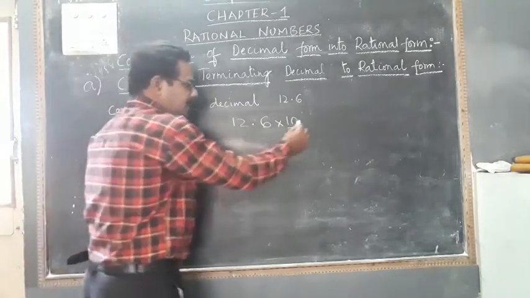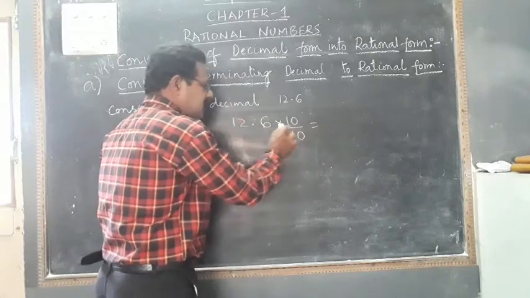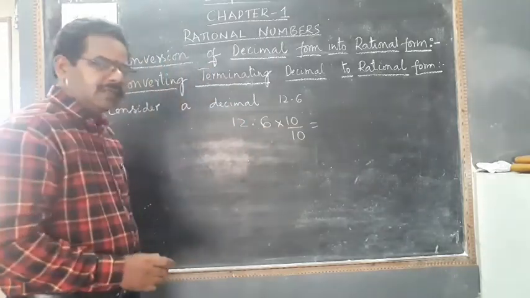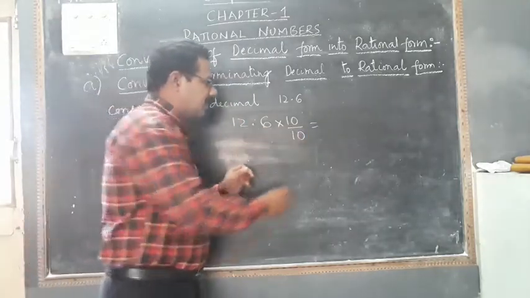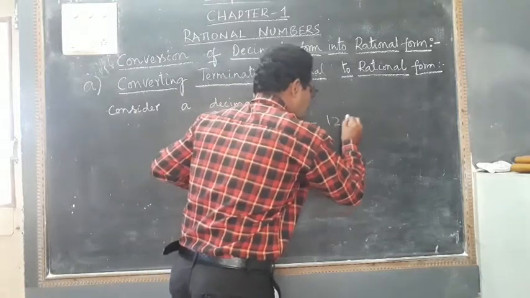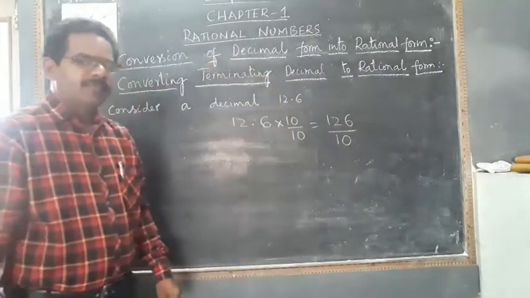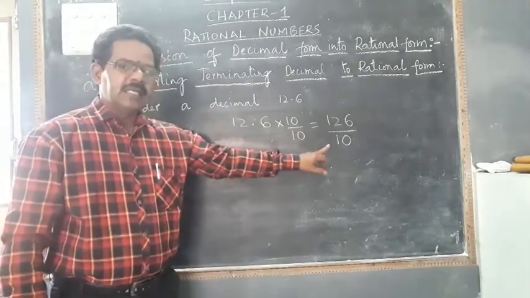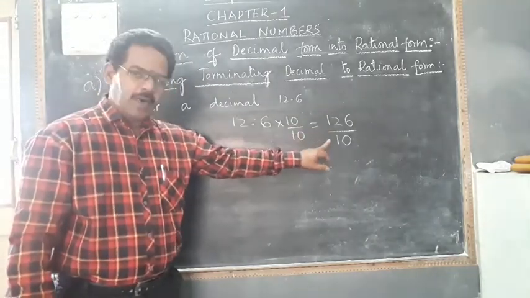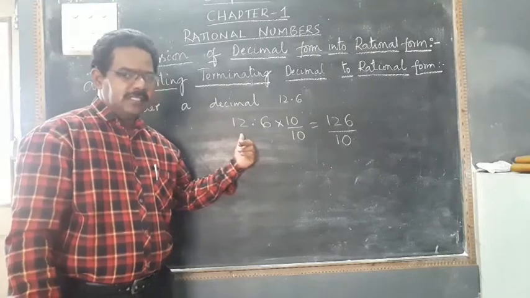So what will happen? 12.6 into 10, if you multiply, you get 126, divided by 10. That means 126 by 10 is the p by q form of the given decimal number.